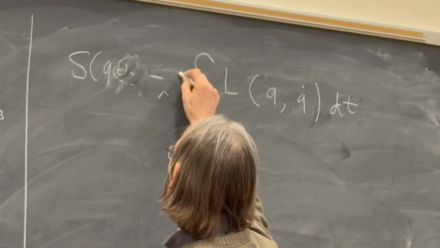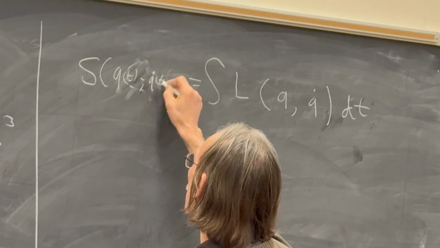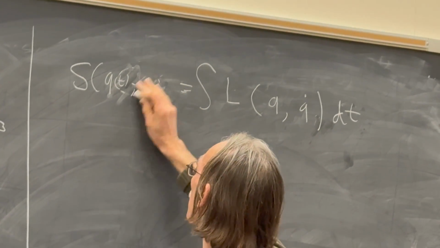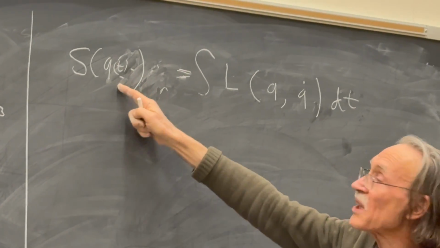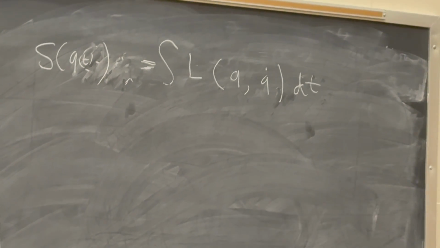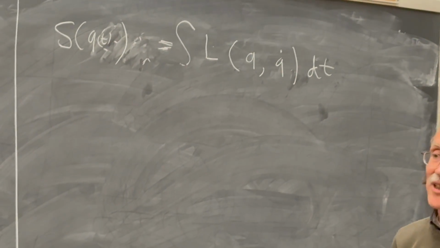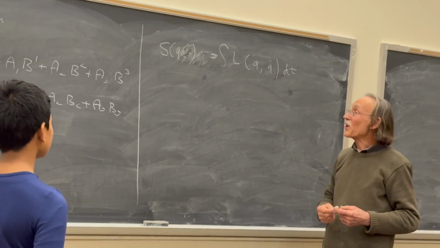It depends on q and q dot, or maybe on q only. So this is something that depends on what q of t is. For each q of t, you get a different number. So you can calculate that.